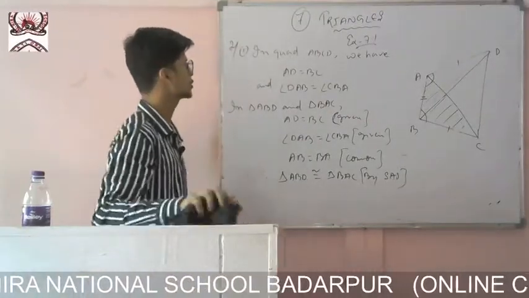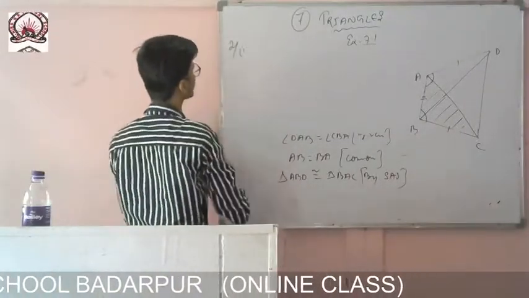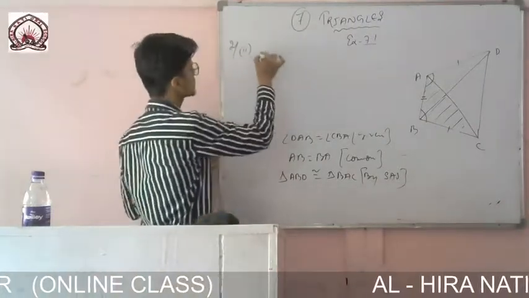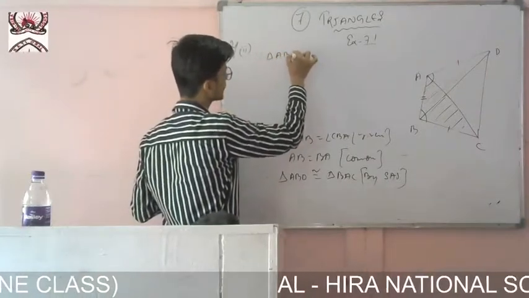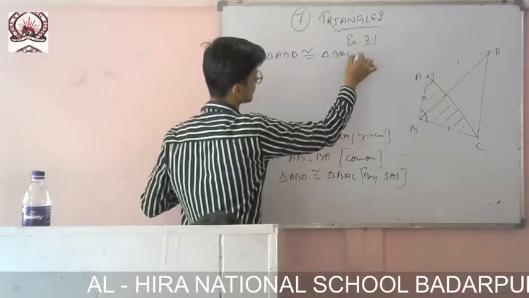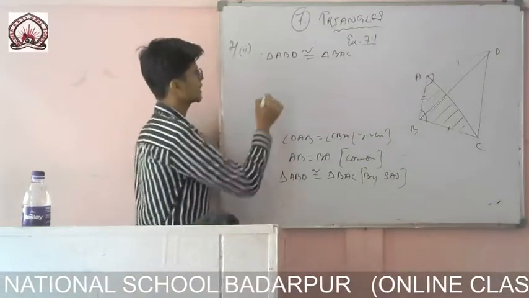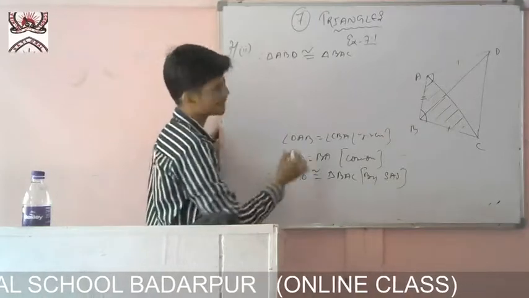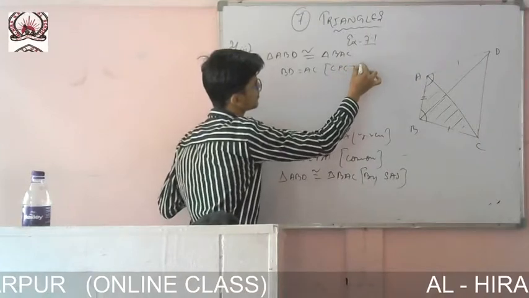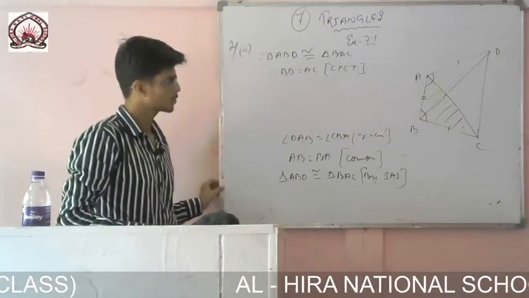So Roman number 2: since triangle ABD is congruent to triangle BAC, BD equals AC, and the reason is CPCT, corresponding parts of congruent triangles.